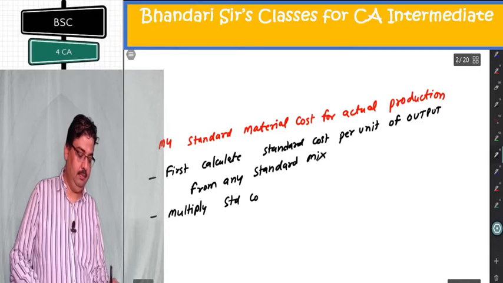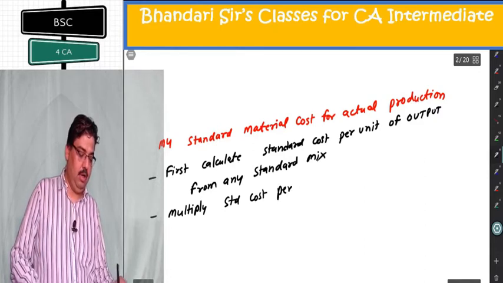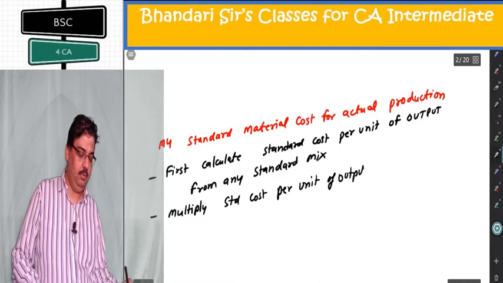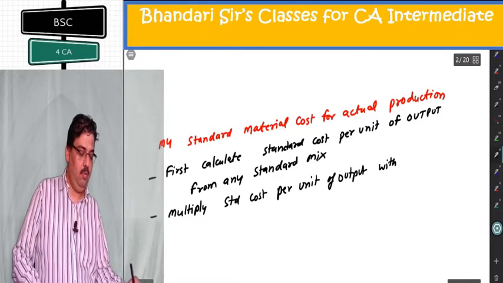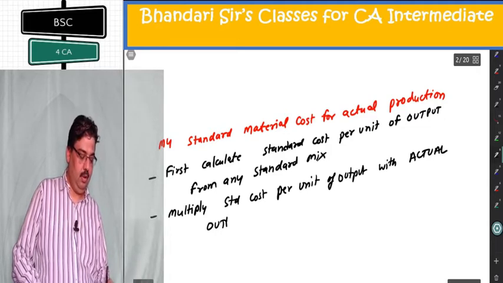Multiply standard cost per unit of output with actual output to get M4.